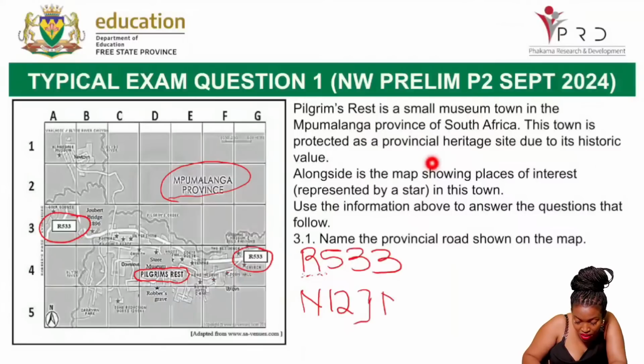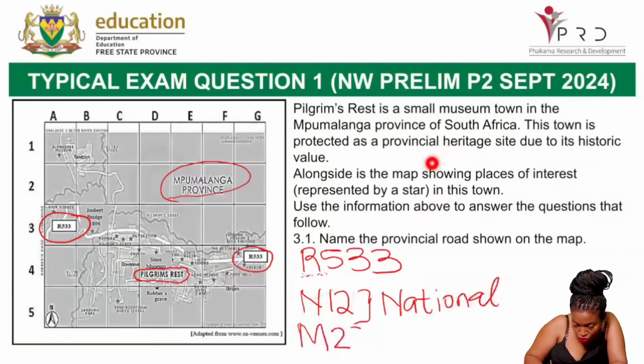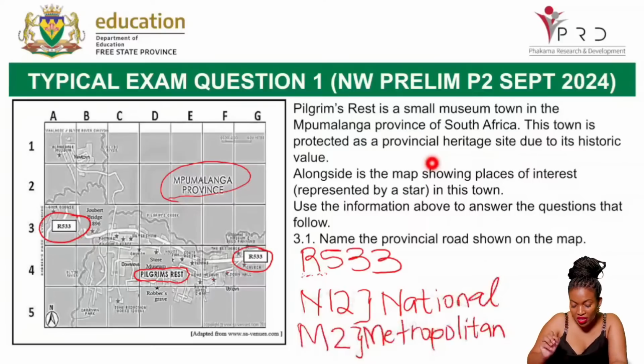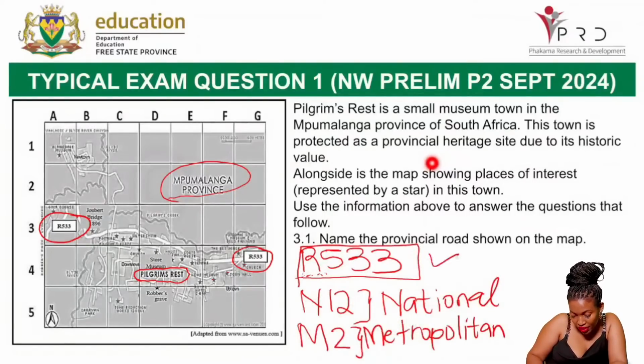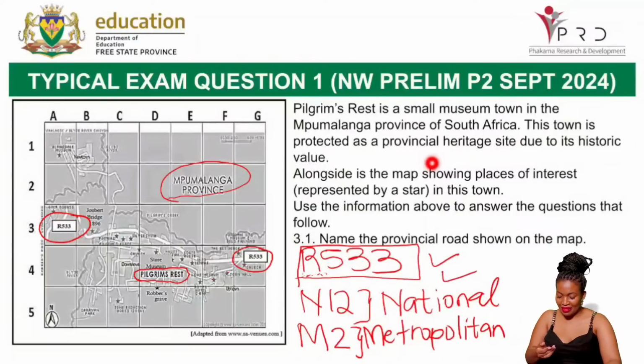Remember, the N represents the national road. Sometimes it is the M, let's say M2. The M means that it is a metropolitan road. So in this case, the provincial road is the R533. This is the answer.